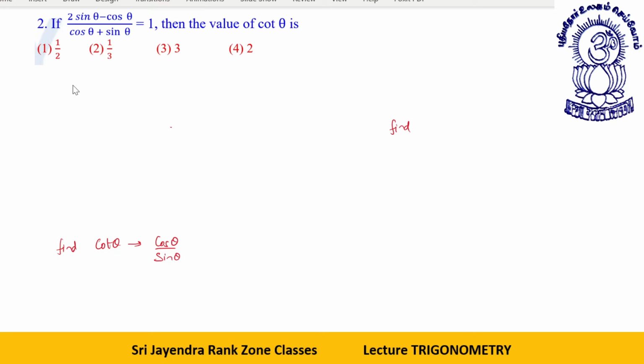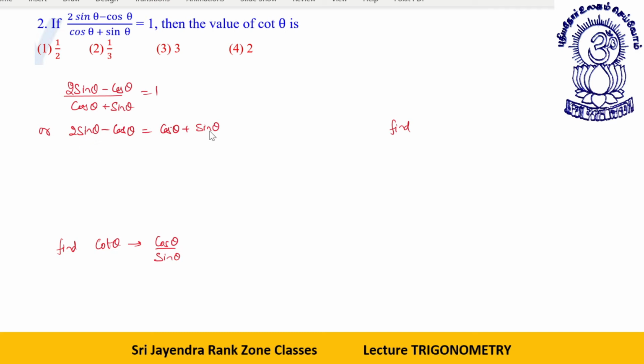Now we have 2 sine theta minus cos theta is equal to cos theta plus sine theta.